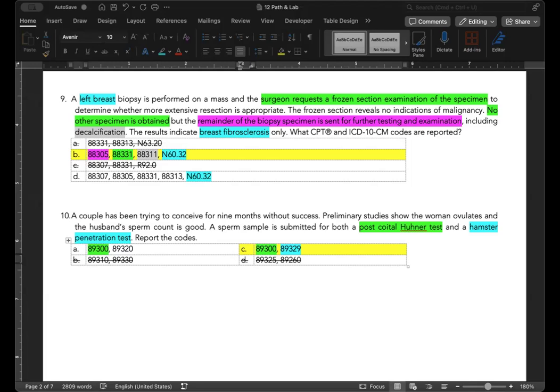Now the practice exams that you can get from the AAPC, the A, B, C, D, E, and all those, are some of those questions actually on the test? It's possible. I can't say for sure, because it's all going to depend on the version of the exam that you get.